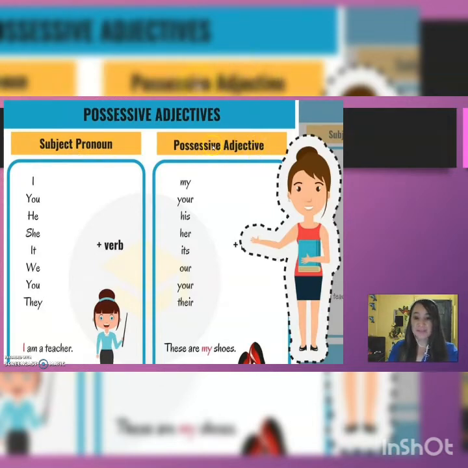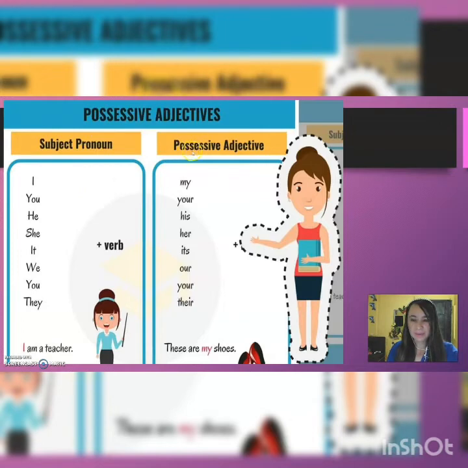What is the difference between them? Now I'm going to tell you. Pay attention. Subject pronouns, or personal pronouns. Here we have I, you, he, she, it, we, you, they. An example, a teacher. You are a student.